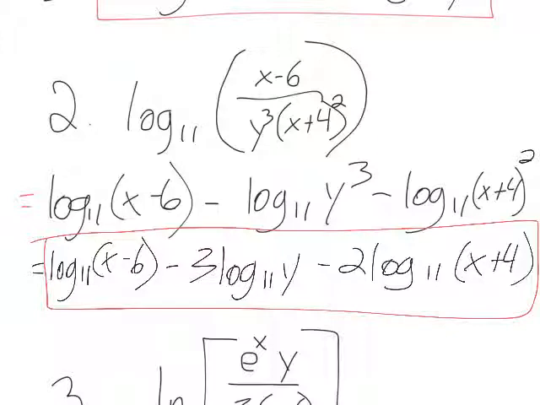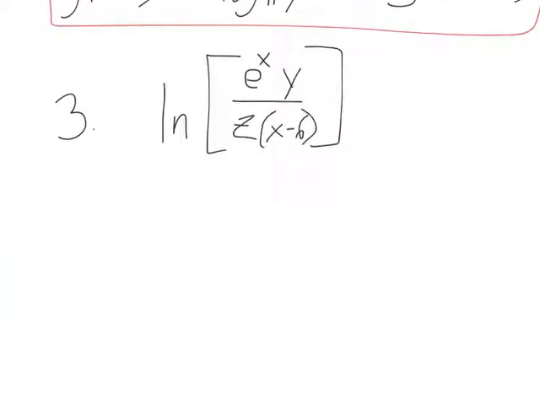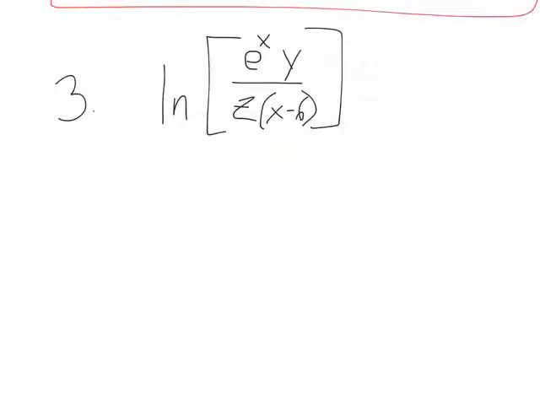All right, let's take a look at our last one down here for the expansions, then we'll look at some condensing problems. Okay, now notice what we've got. We've got an e to the x and a y, so that's 2 separate factors on top, and then I've got a z times x minus 6 on the bottom. That's 2 separate ones on the bottom.